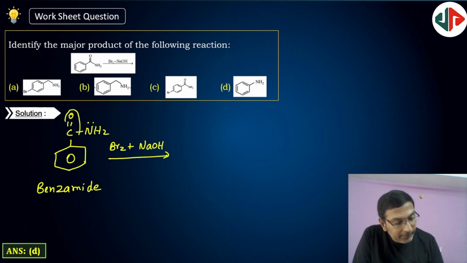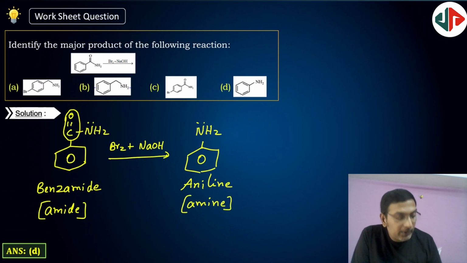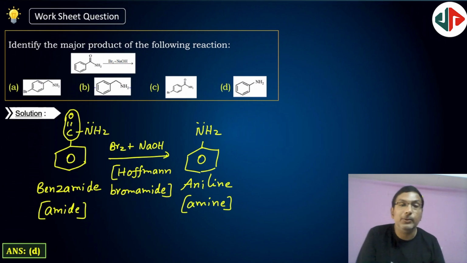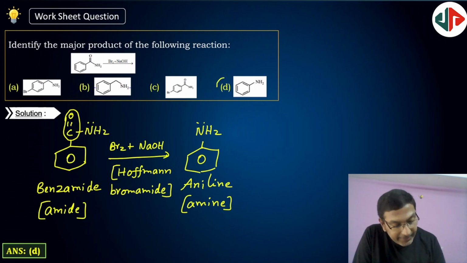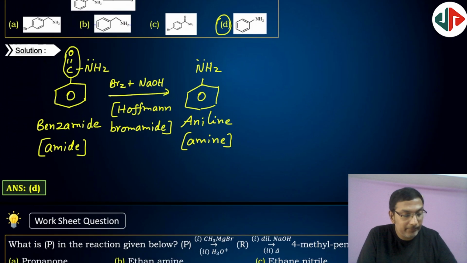Here CO will be eliminated and it gives NH2, which is aniline. That means here amide will be converted to amine. Hoffman bromamide, so very important. So option D, aniline will be formed. Next.